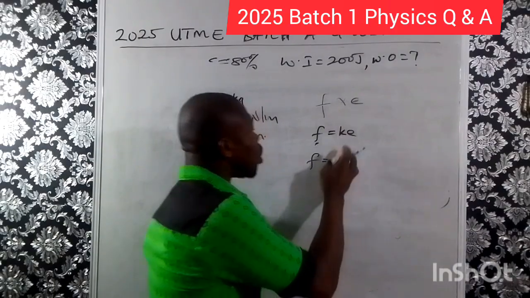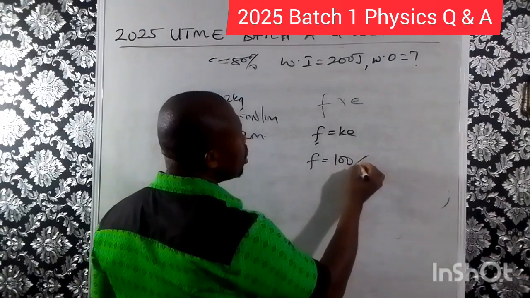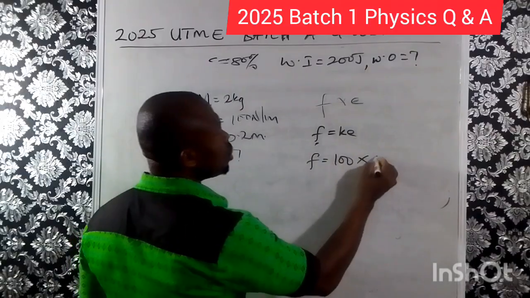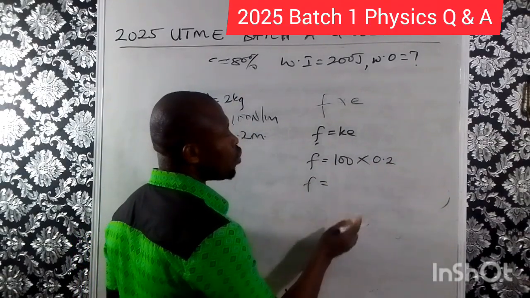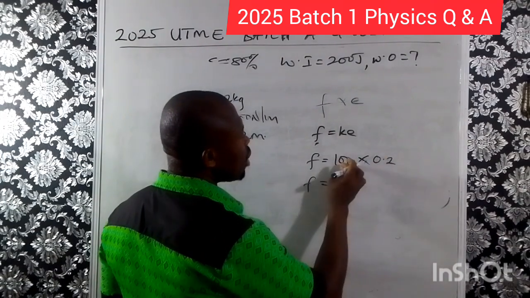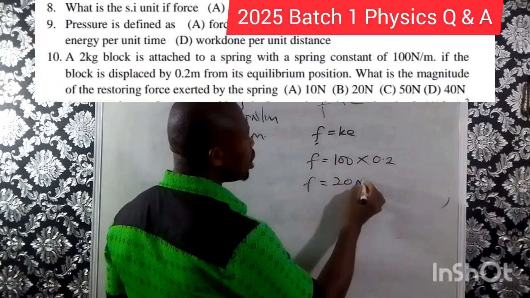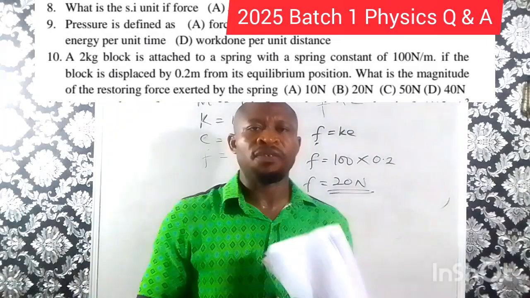F is equal to K times E, which is 100 multiplied by 0.2, the extension, 0.2 meters. 100 times 0.2 is 20 newtons, and that is the restoring force.